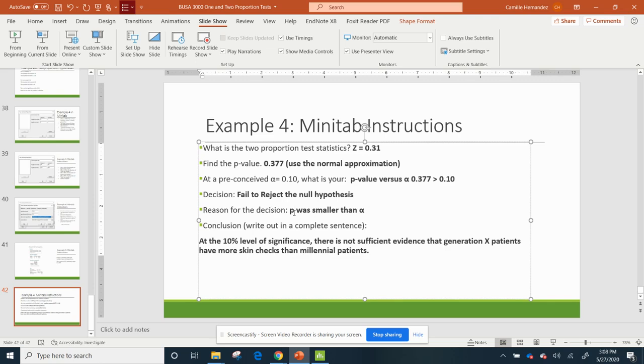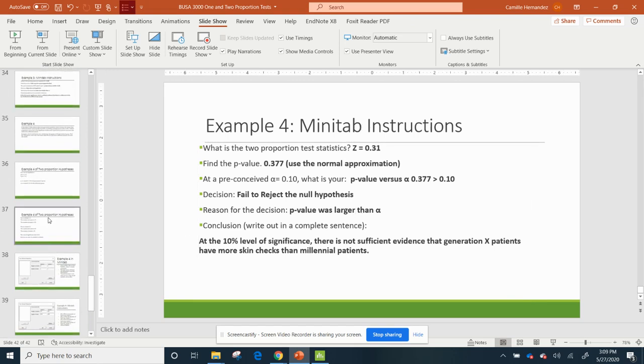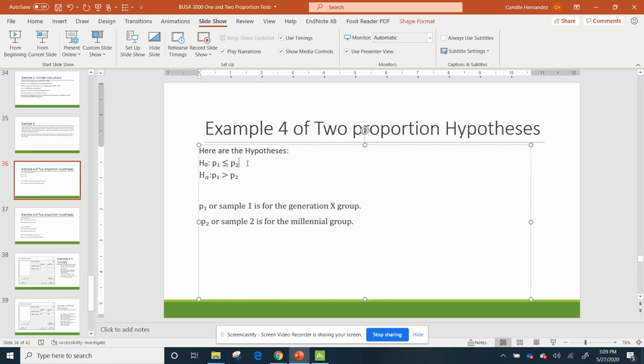Okay, and why am I doing that? I've got a typo because my p-value was larger than my level of significance. Okay, so if I go back, let's quickly go back here. Okay, so I'm keeping this one, and I'm not keeping the other one.